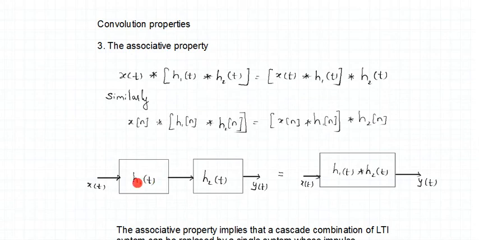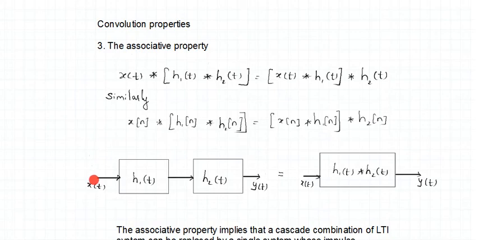Graphically you can show this as follows. You have two systems h1(t) and h2(t) in cascade. What we did here was, x(t) is the input, we convolved with h1(t) and got the output y1(t). Then you convolved this y1(t) with h2(t) and got y(t) as the final output.